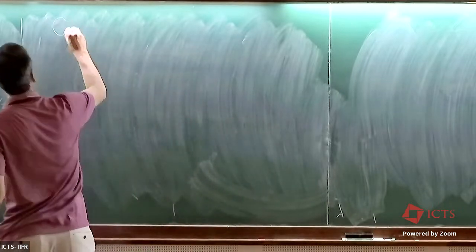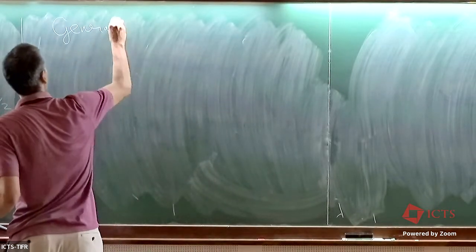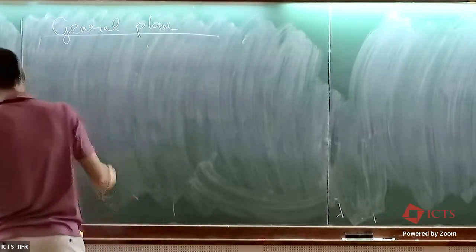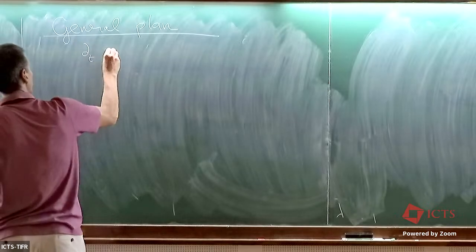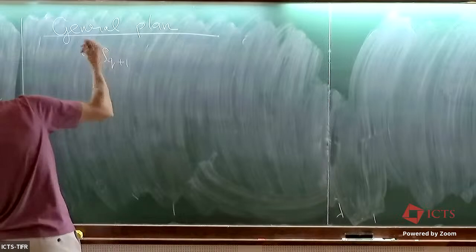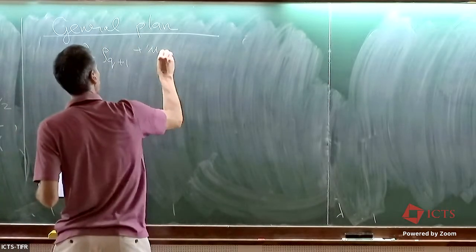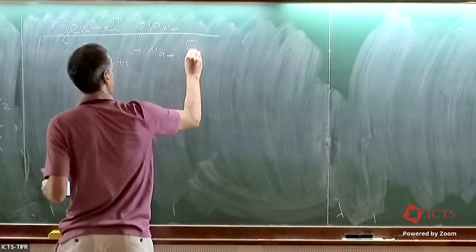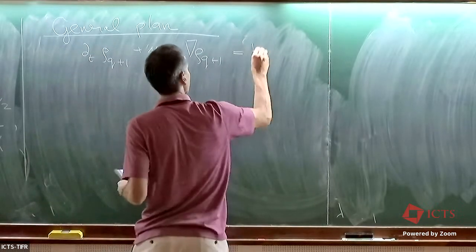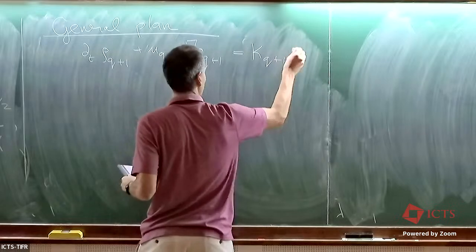So roughly speaking, the general plan of how to pass from the equation for Q plus 1, the non-homogenized one, to the homogenized one is the following. So here is the non-homogenized at level Q or Q plus 1.